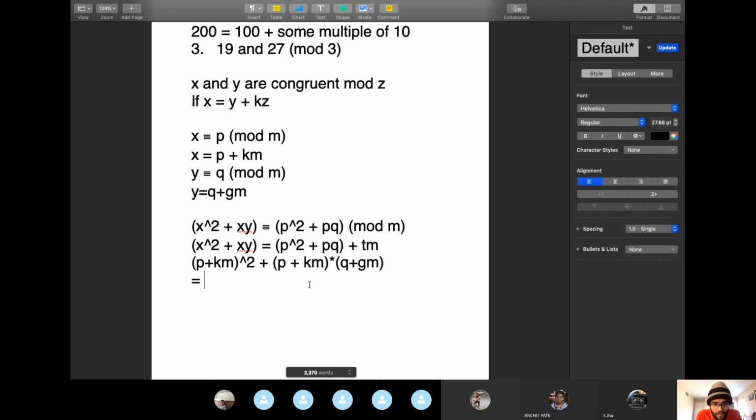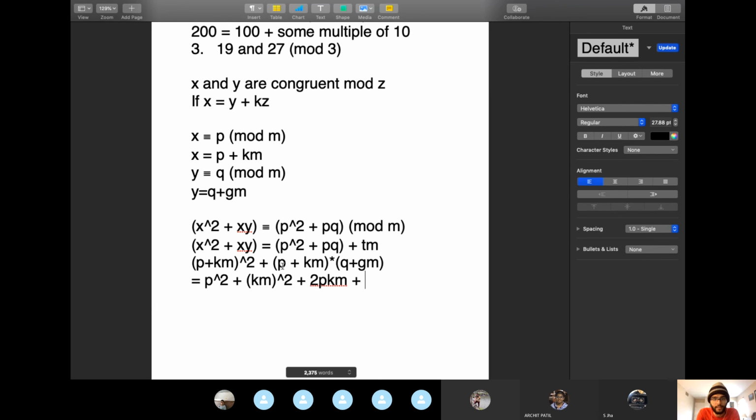We will first try to simplify this. This becomes p squared plus km squared. Actually, there's a bracket here. (km) squared plus 2pkm. I'm just using the (a plus b) the whole squared formula: a squared plus b squared plus 2ab.